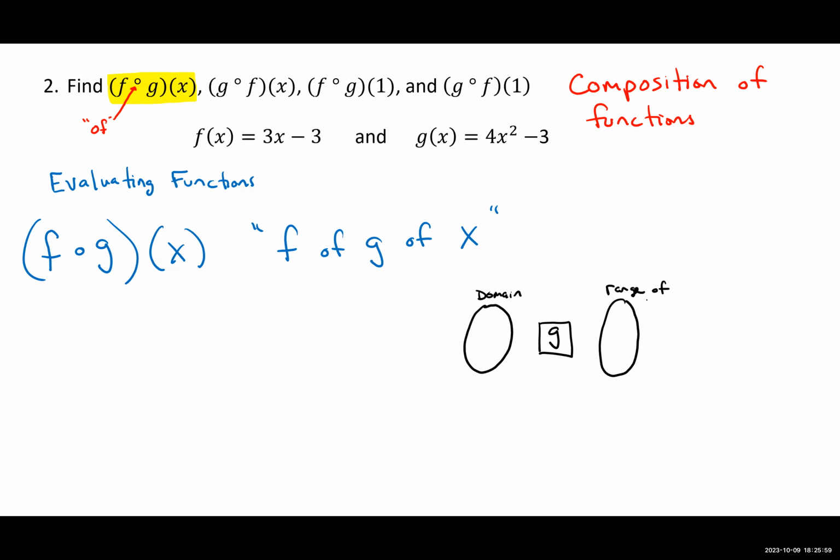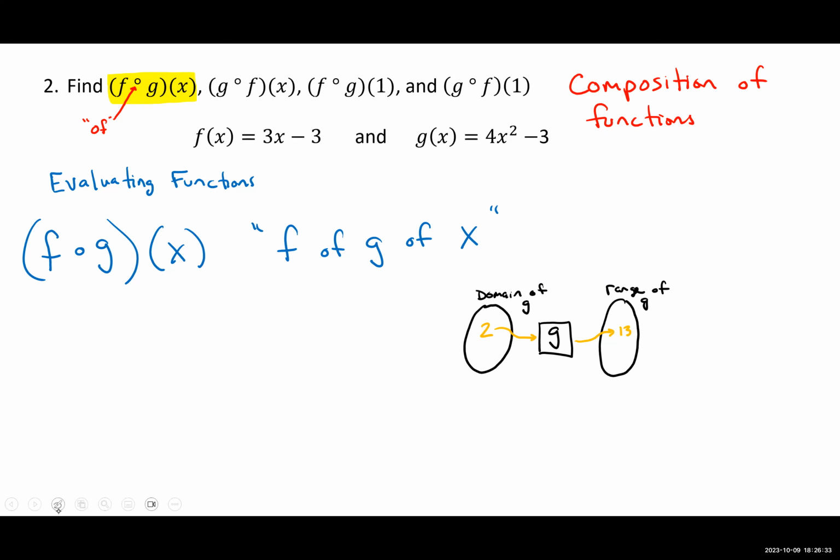The range of G, the domain of G. Now what we do is we take an X value, I use the number 2, that goes into the g function. And we just saw that if you plug in the number 2, the number 13 comes out. It takes the number 2, squares it, then times it by 4, then minus the 3, gave us 13.